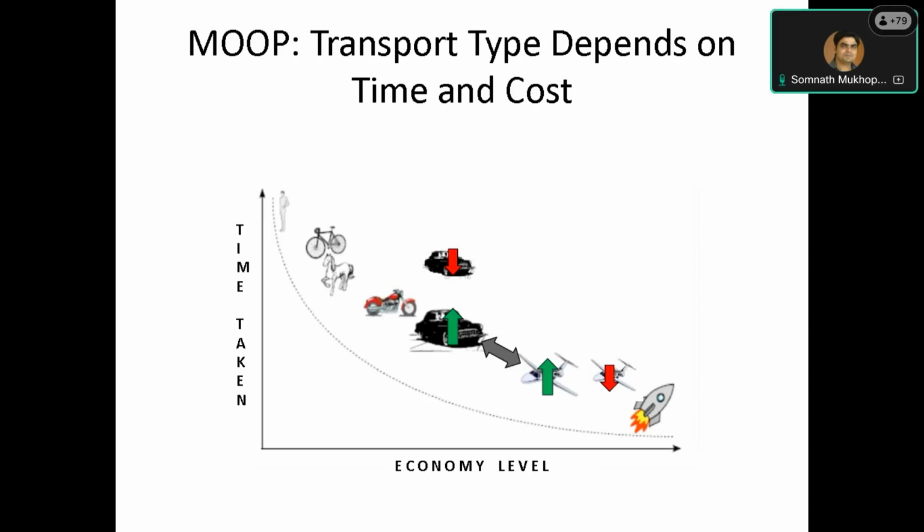Improvement in one objective causes degradation in another objective, so most real world problems are multi-objective in nature. Suppose we consider this example: on the x-axis there is the economy level and on the y-axis there is the time taken.